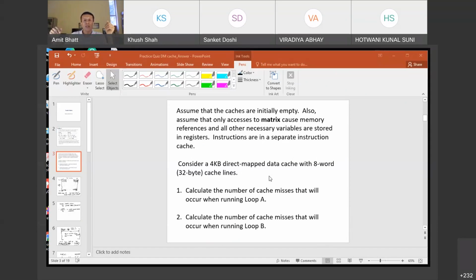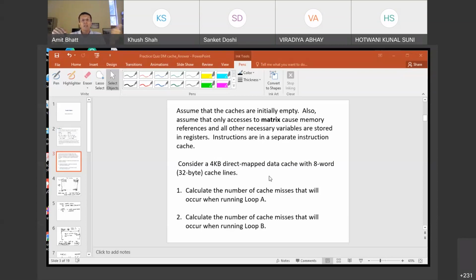If the block size was 16, then I would get the first one as a miss, but the rest 15 would be hits. Then you say, okay, why not further double it? Size 32, so again 1 miss and 31 hits. How about if I make it 64? Then 1 miss and 63 hits. So what if I make the block fill up the whole size of the cache, 1024.